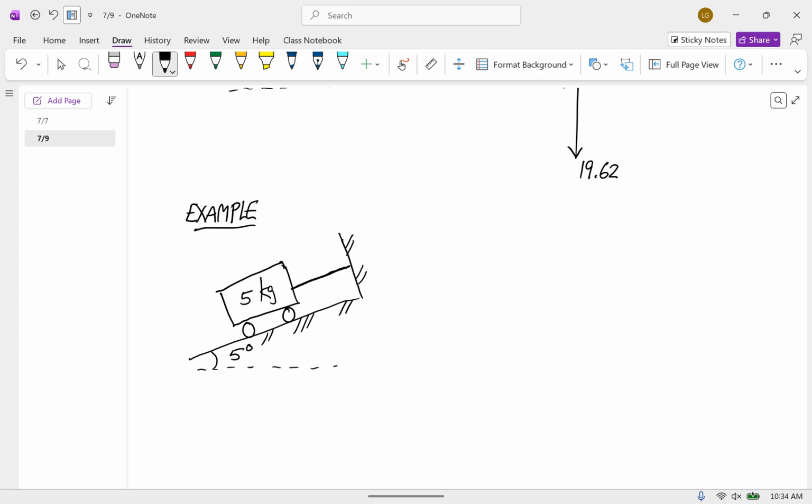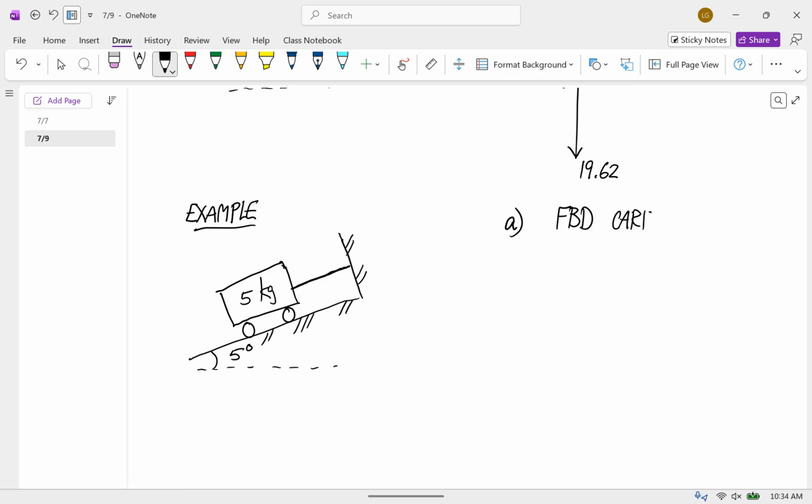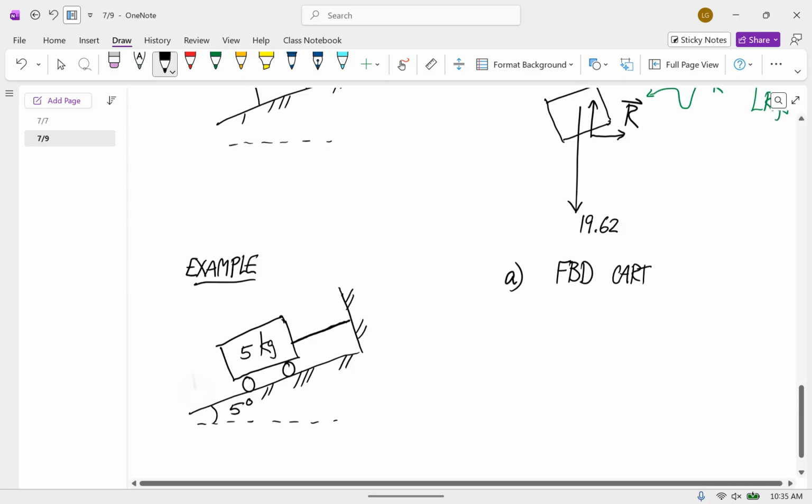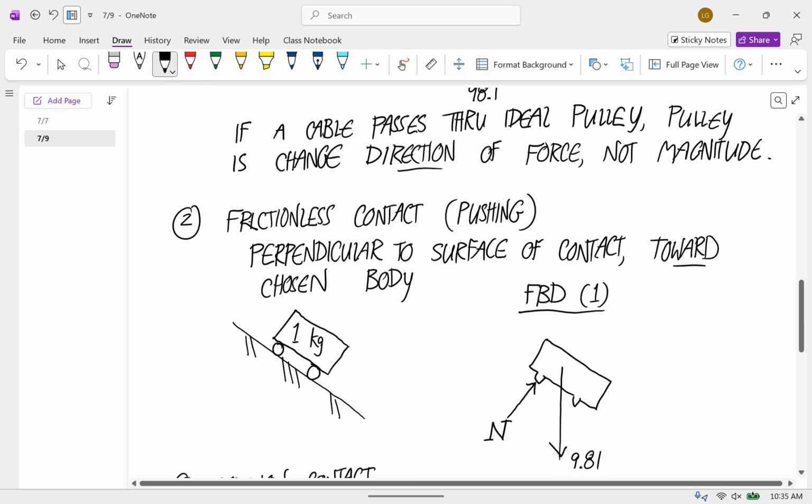So first, let's do this sort of in pieces. I want you to draw a free body diagram of the cart. And if you get confused about it, it really is about just going up here and following the rules here.